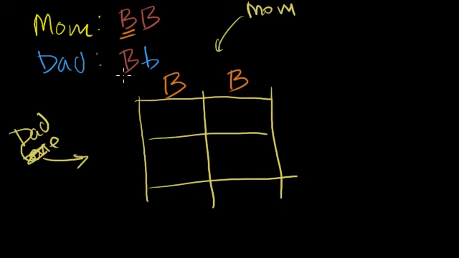The dad could contribute this one, the capital B allele for brown eyes, or the lowercase b for blue eyes, either one. So the different combinations that might happen. An offspring could get both of these brown alleles, one copy from both parents. This could also happen where you get this brown allele from the dad and then the other brown allele from the mom.